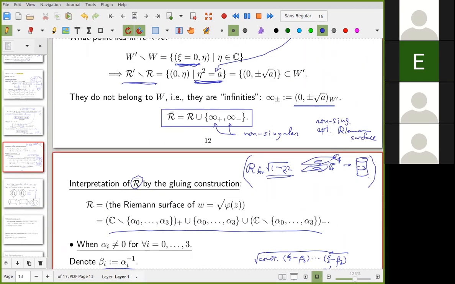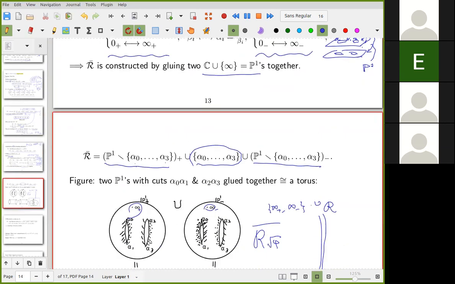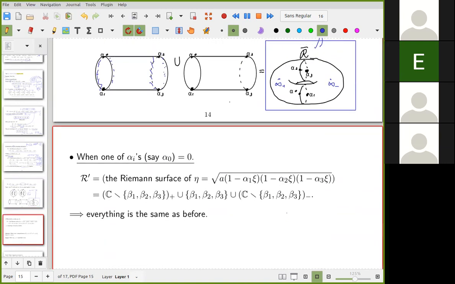So here we assumed for simplicity that there is no alpha zero among alpha i's, because we want to invert alpha. And actually, even when there is a zero among alpha i's, it is almost the same.